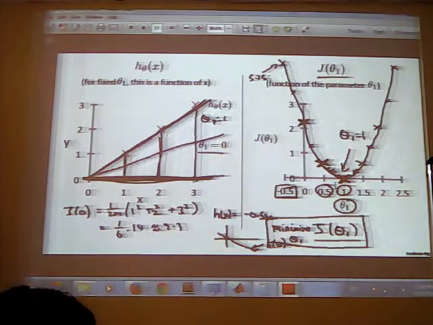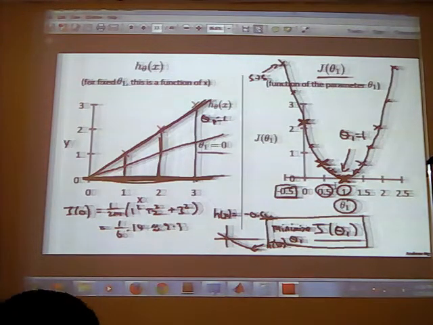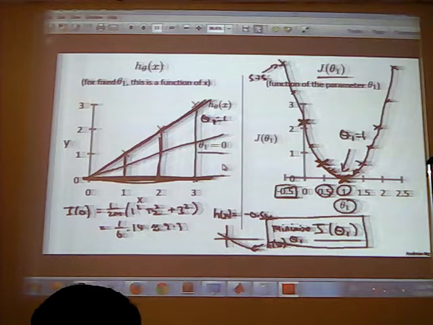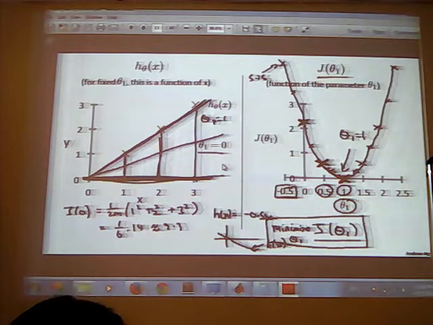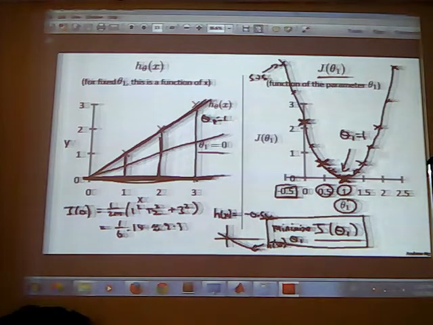This is a bowl-shaped figure, and what was our goal? To minimize j of theta. You can see for different values of theta, this figure shows the minimum value of j of theta here. So we try to minimize j of theta over different values of theta.